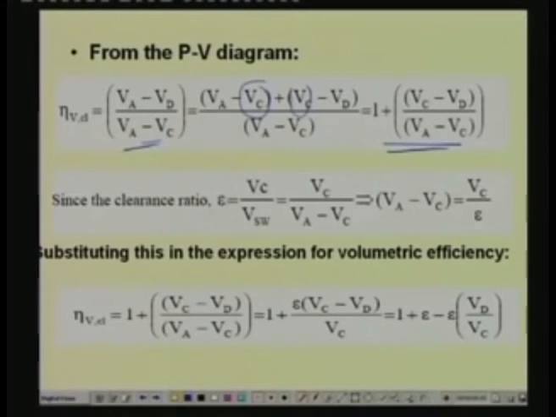Now the clearance ratio epsilon is defined as Vc by Vswept, and the swept volume in this case is nothing but Va minus Vc. So Va minus Vc is written as Vc divided by epsilon. If you substitute this in the expression, you can show that the clearance volumetric efficiency is 1 plus (Vc minus Vd) divided by (Va minus Vc), which is finally equal to 1 plus epsilon minus epsilon times Vd by Vc.